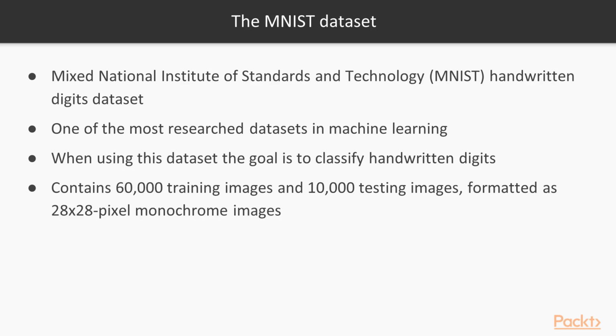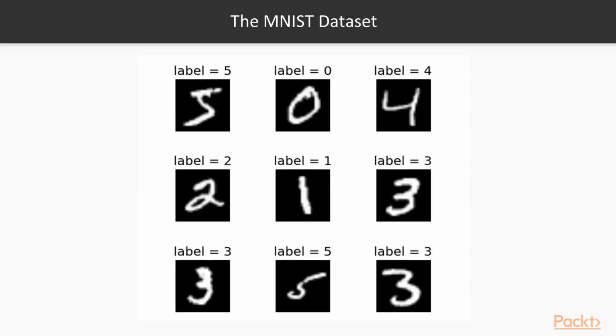This is one of the most researched datasets in machine learning, and when using this dataset, the goal is to classify handwritten digits. This dataset contains 60,000 training images and 10,000 testing images, and they are formatted as 28 by 28 pixel monochrome images, and this is how these images look.